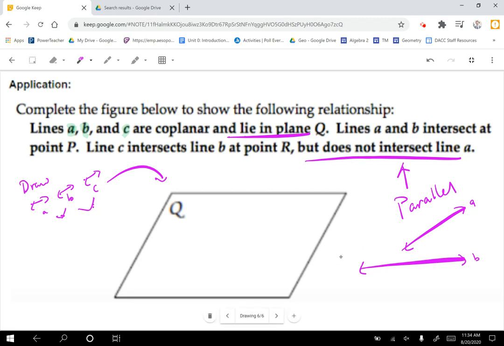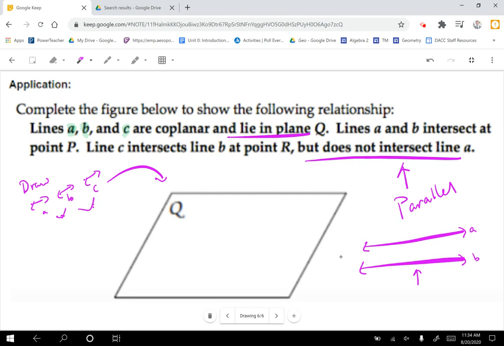Remember, these arrows mean it keeps going forever. So if we extend it, yes, it actually does intersect later on. The only time that we don't intersect is if we just keep going indefinitely, next to each other. So this is the situation that Taylor Swift would name as never, ever, ever getting back together. A and B won't cross because they are parallel.